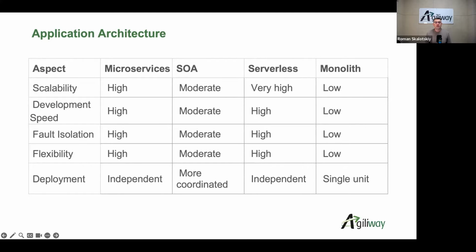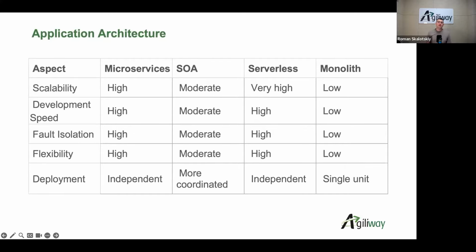The application architecture refers to the design and organization of the application components and services. It defines how these components interact, communicate, and are deployed. The key aspects include structure, interaction, scalability, security, maintainability, performance, and reliability.